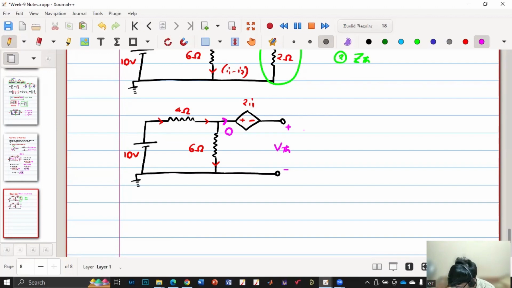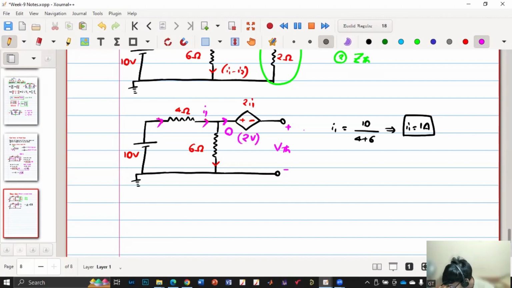Now say this is the I1 current. What is I1? 10 divided by 10, 1 ampere. So I1 is 1 ampere. Now what is this voltage, the value of 2I1? 2 volts.